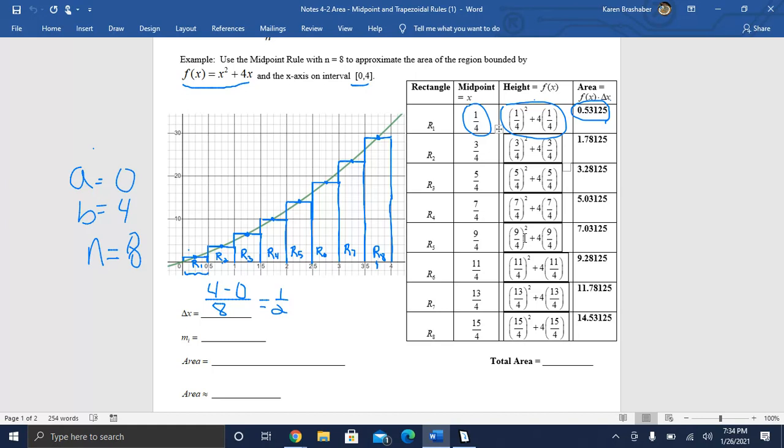Now, I find it to be very cumbersome, but you can do your work this way. This would be numerical integration, and you're just calculating the area of all 8 of those rectangles and then adding them together.